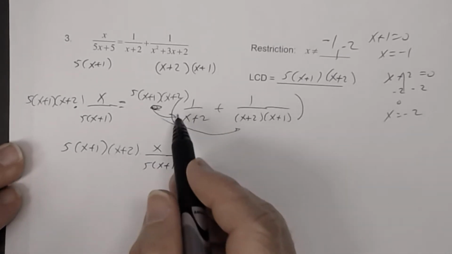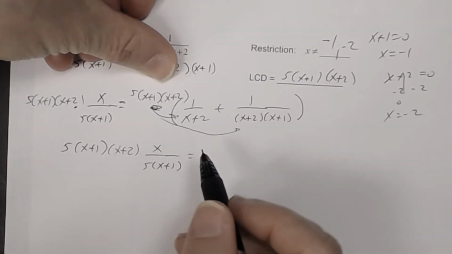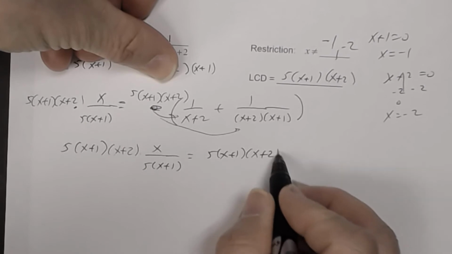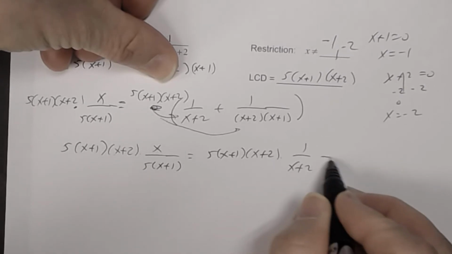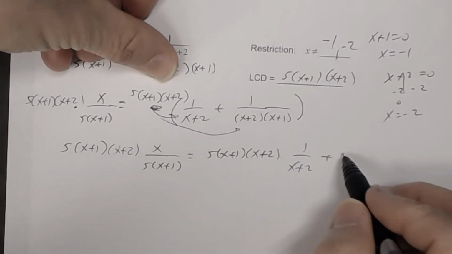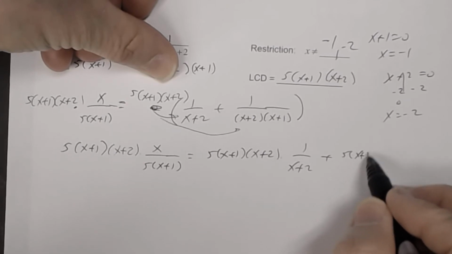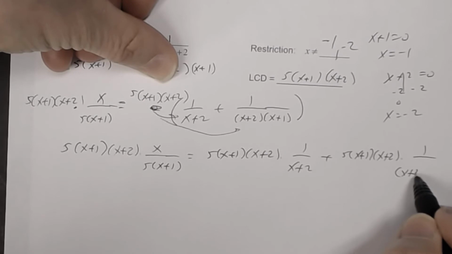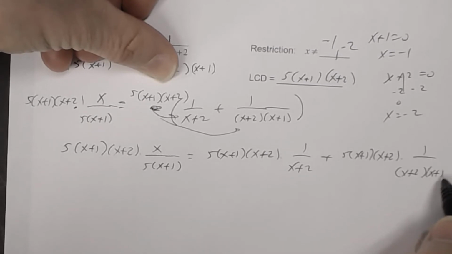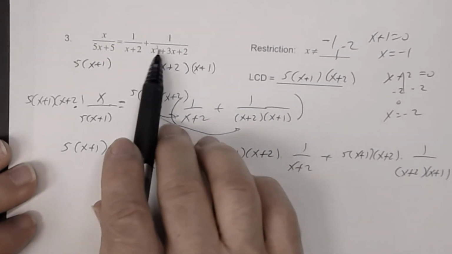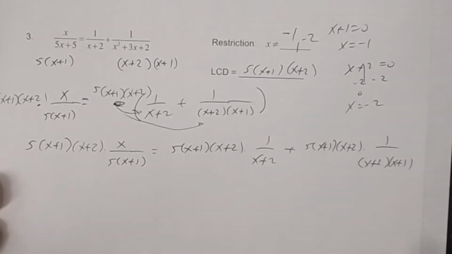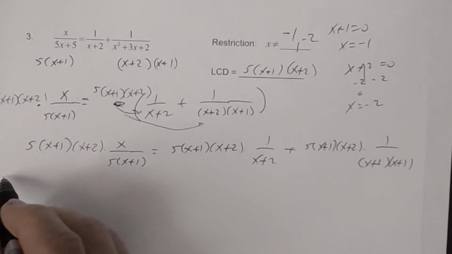I get the LCD times the first rational expression, plus the LCD times the second rational expression. And you remember, I said write the factored part, right? The reason you write the factored part is because notice that these factors are listed in your LCD. Now we're going to reduce.